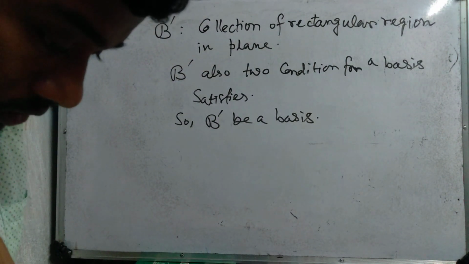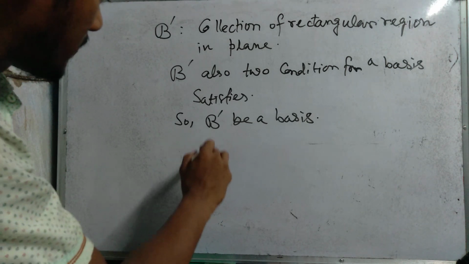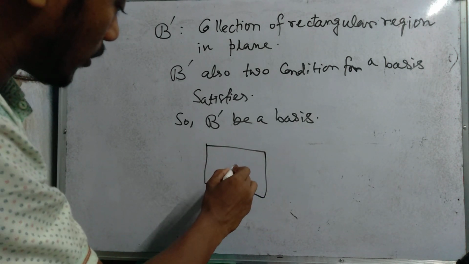How do we generate it? I draw a figure. Here is some point x.